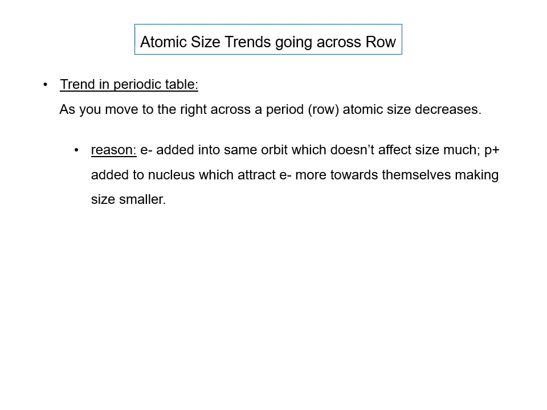But as we go from left to right, atomic number also increases, which means we keep adding more protons into the nucleus. The more protons that get added into the nucleus, the greater that nuclear pull is. And so those protons are able to attract the electrons more towards themselves, and as a result, they make the size of the atom smaller.